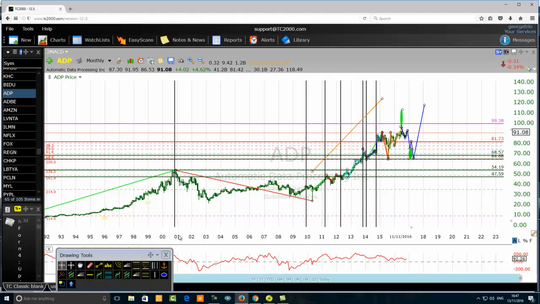Eight years gone, and now we have a correction that has also been prolonged. The second wave took from 2001 to 2010, nine years, longer than the time it took for the first wave to be completed. So the second wave has been prolonged, talking about time.